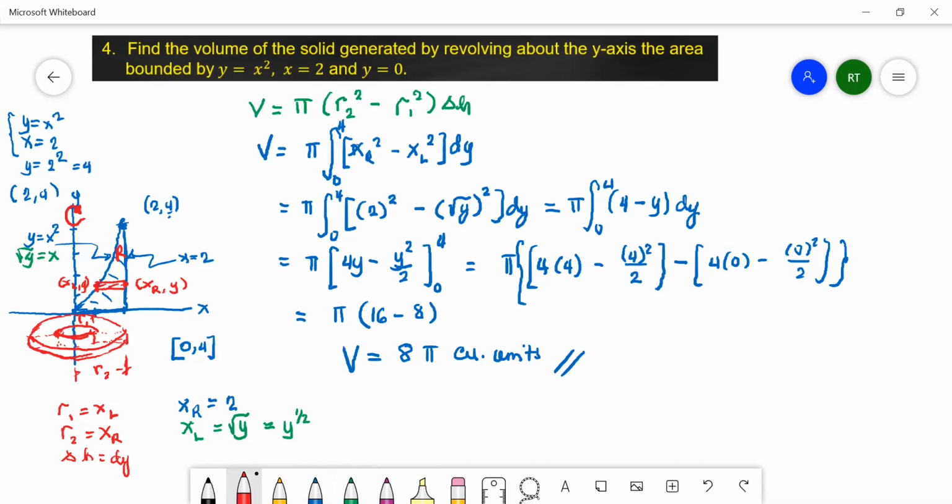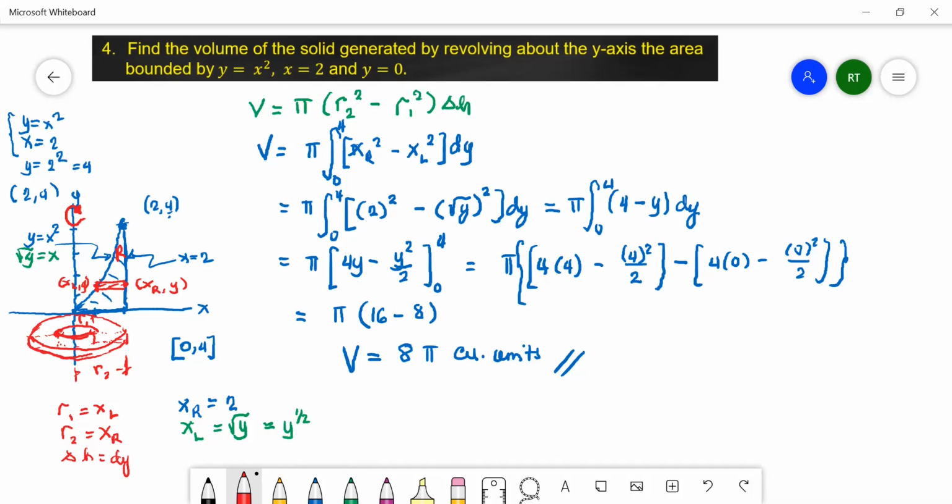So remember again that when we use the ring or washer method, the element must be perpendicular to the axis of revolution, and it does not touch the axis of revolution since the region R does not touch the axis of revolution, meaning the axis of revolution is not part of the boundary of the region R.